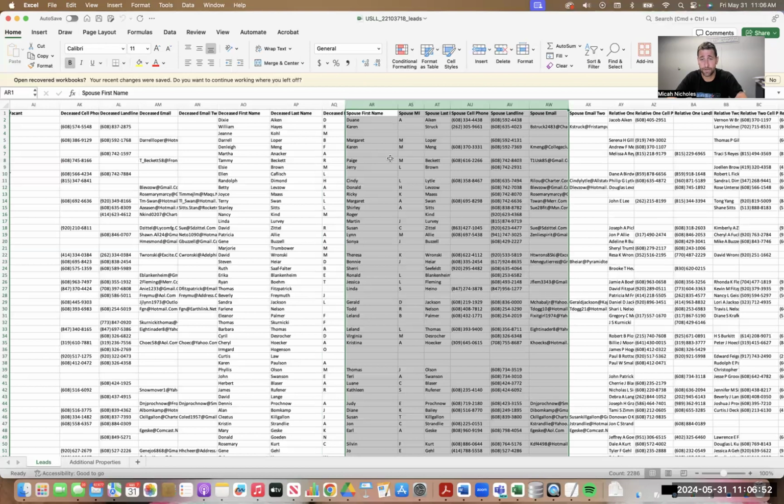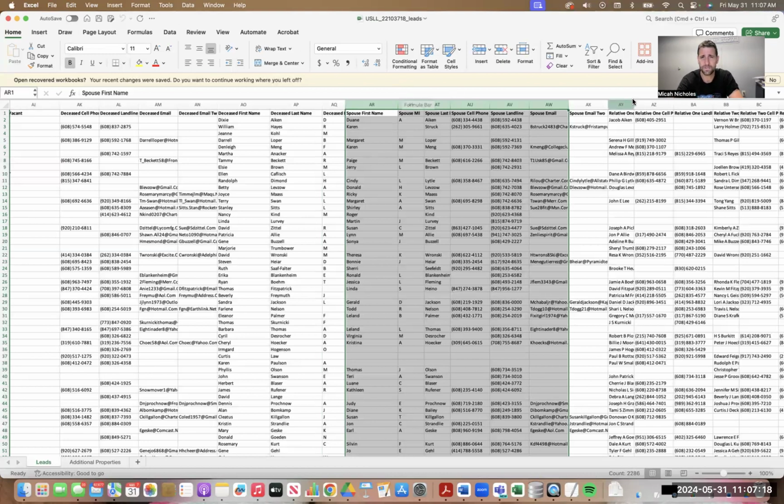Our list, we generate it on average about 6 weeks after the death. That's a really short period of time when we're talking about losing something that is irreplaceable. So sensitivity is key here. And then if you're considering texting, if texting is part of your marketing platform, I would start with the spouses and go from there.